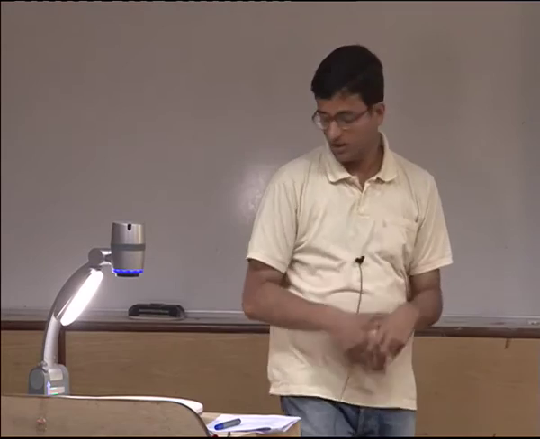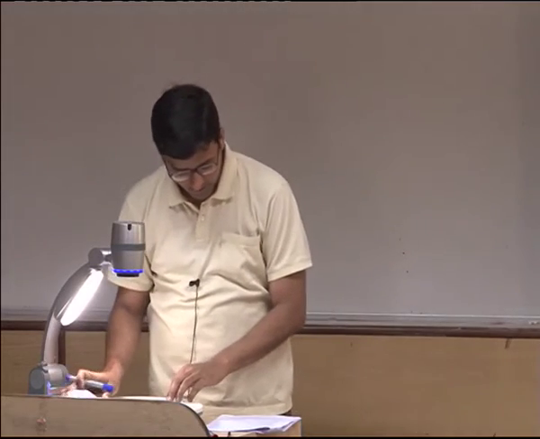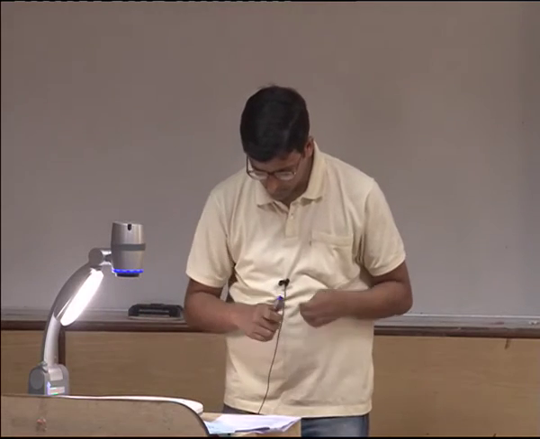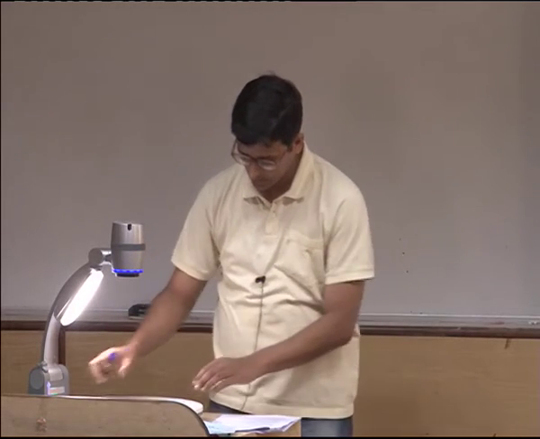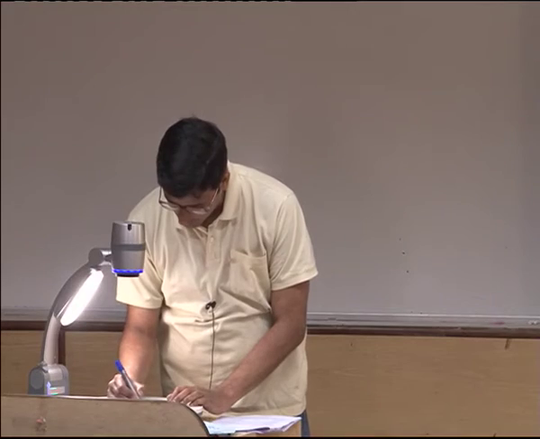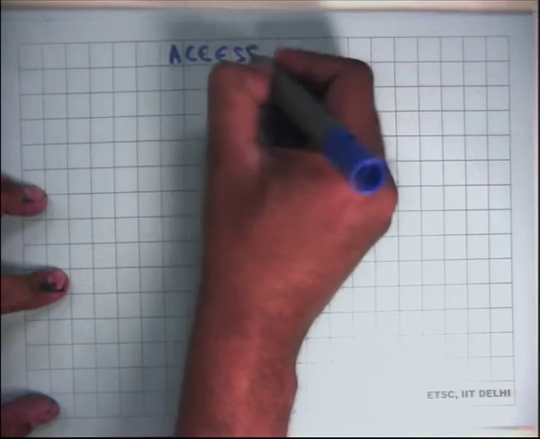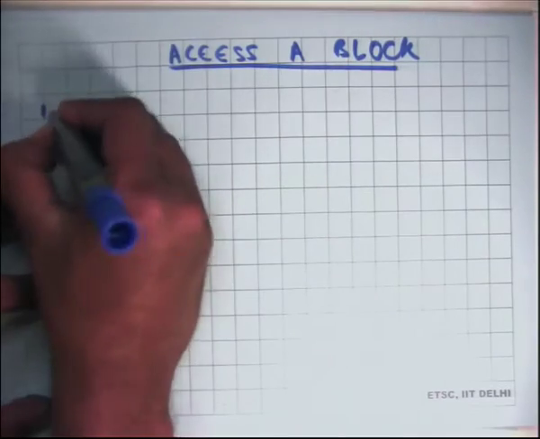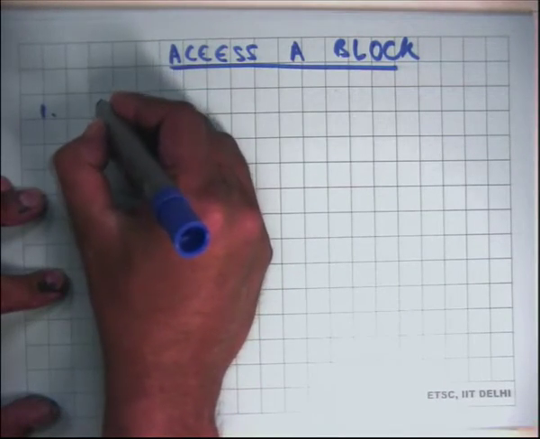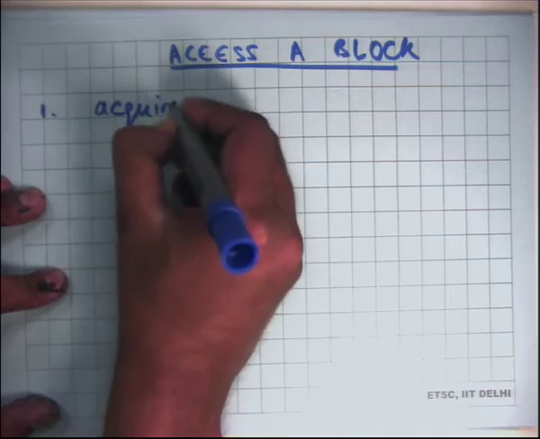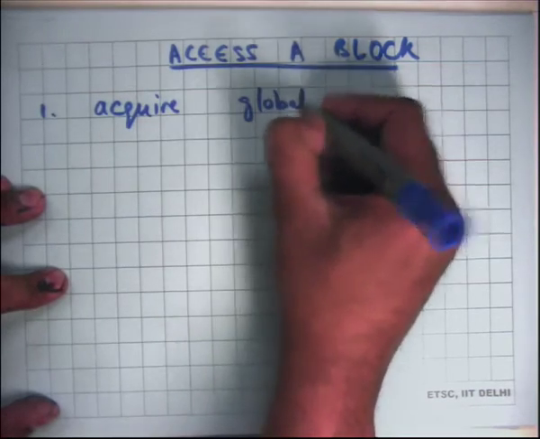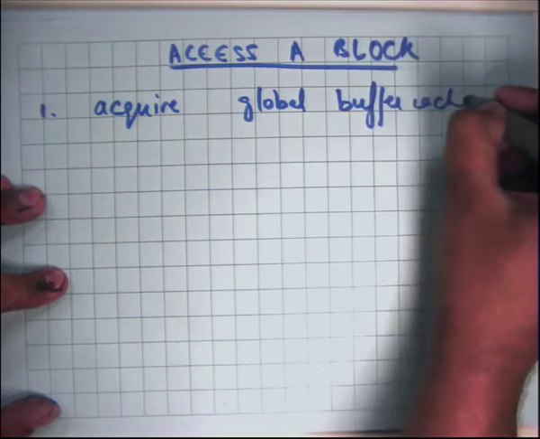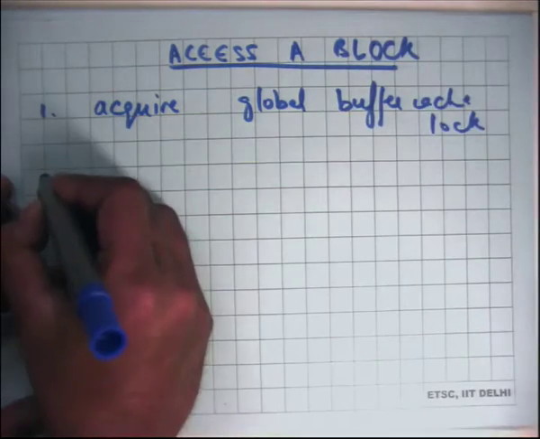So a typical operation would be that, let's say, I want to access a block. I'll first acquire the global buffer cache lock, all right.